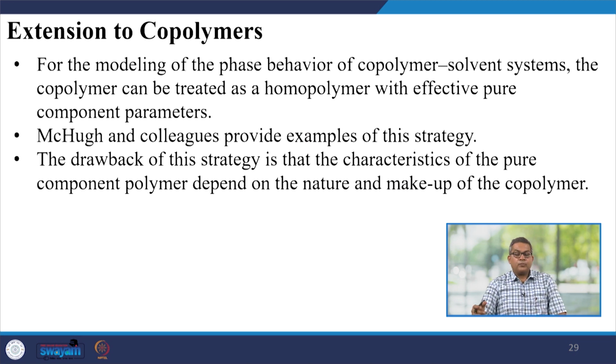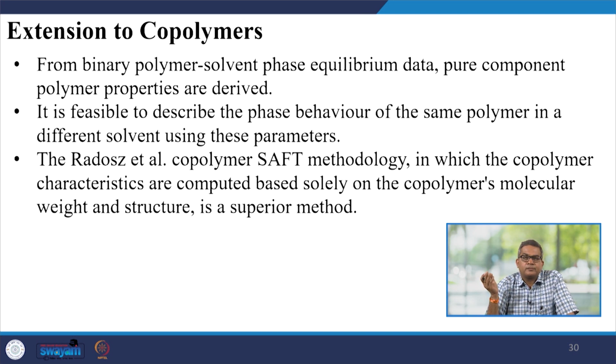Now, for modeling of the phase behavior of copolymer solvent system, the copolymer can be treated as a homopolymer with effective pure component parameters. McHugh and colleagues provided examples for this particular strategy. The drawback of this strategy is that the characteristics of a pure component polymer depend on the nature and makeup of the copolymer.